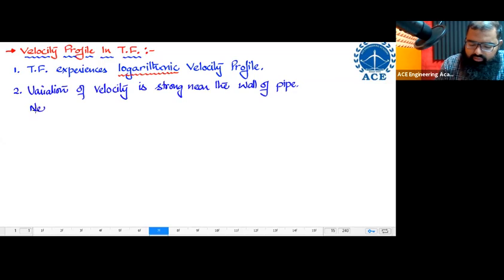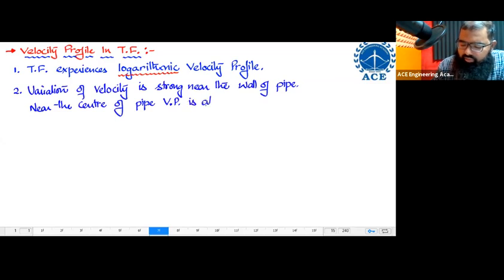Near the center of pipe, velocity profile is almost uniform.